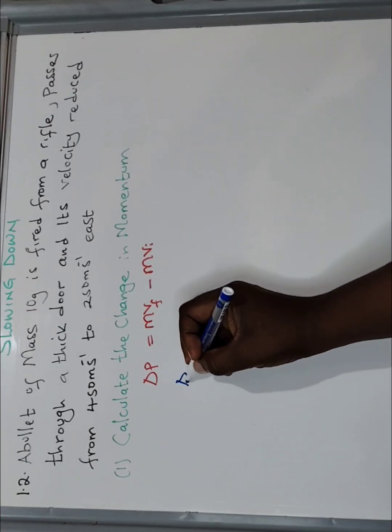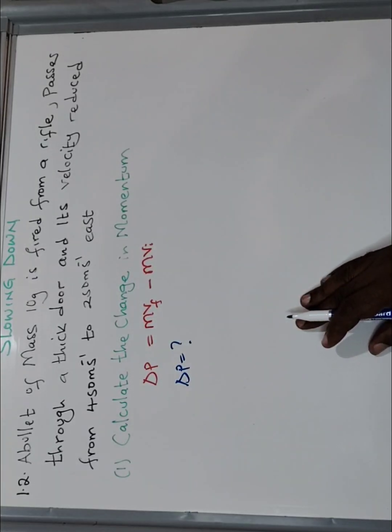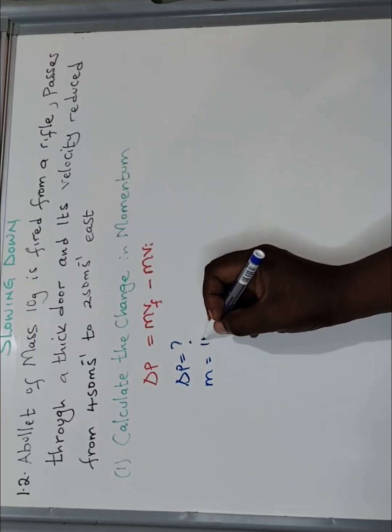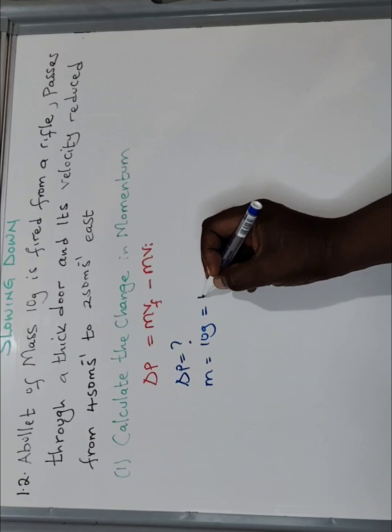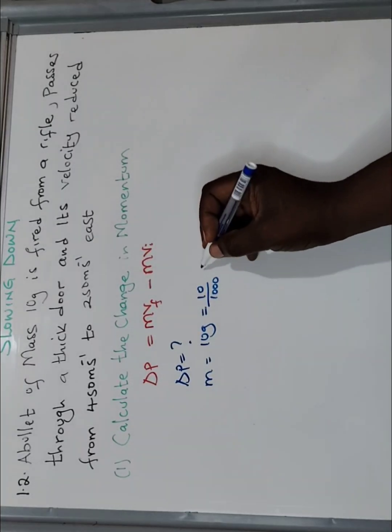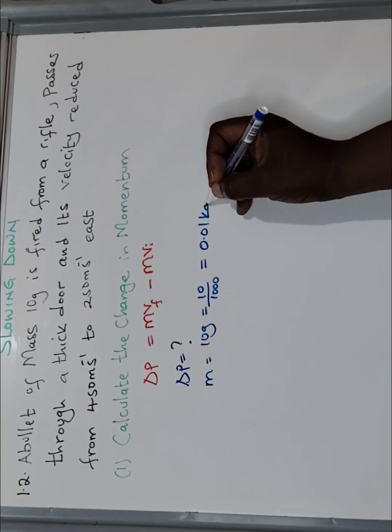We are looking for change in momentum, so we don't know it. But we know mass. The mass of the bullet is 10 grams, and that's not an SI unit. So you change it to kilograms by dividing by 1000, and you get 0.01 kg.